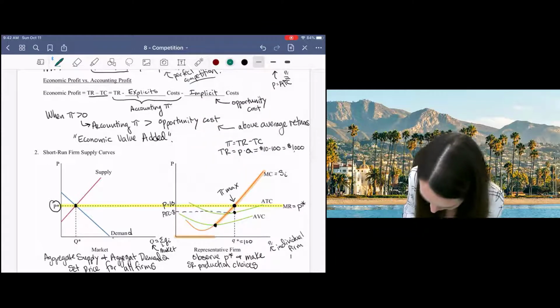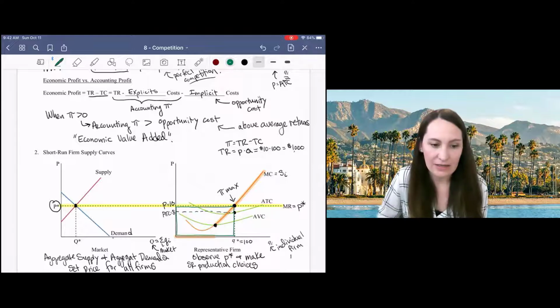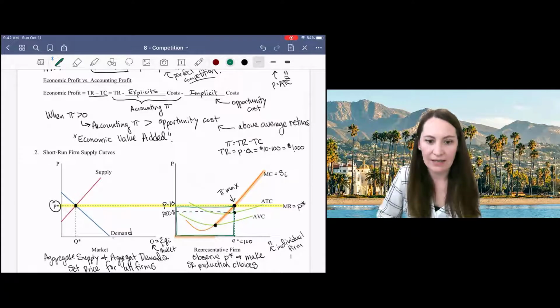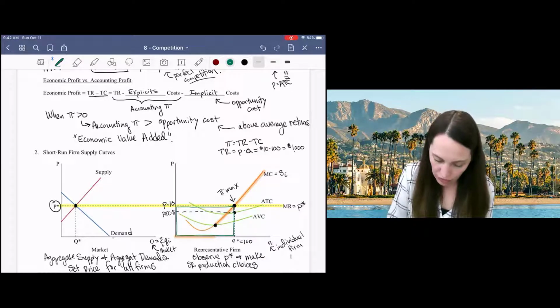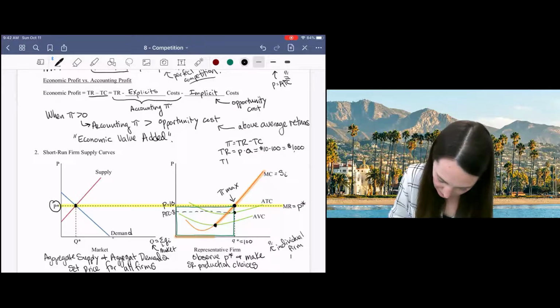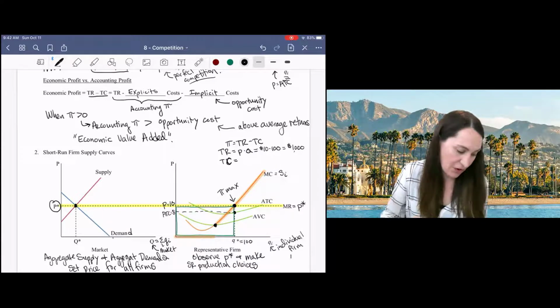And that on the graph, that would be equal to this length here, right? That's the quantity, that's 100 units, times the height is that price of 10. And so that big rectangle would represent total revenue. Total cost would be equal to, you know, all of your costs added up.